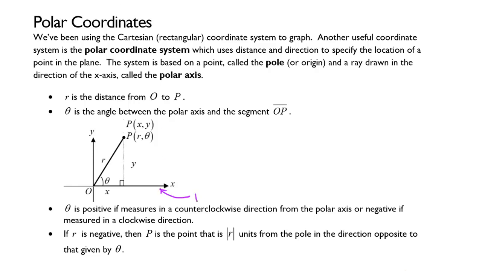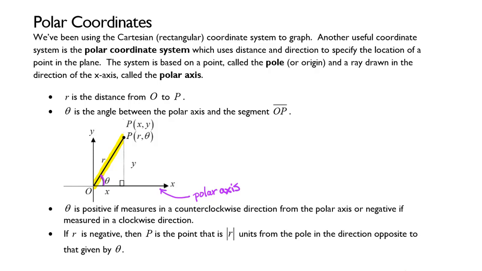Now I'll label the polar axis, and highlight the distance O to P, represented as r in polar coordinates. r is the distance from O to P, and theta is the angle between the polar axis and the segment OP. There is the angle theta.